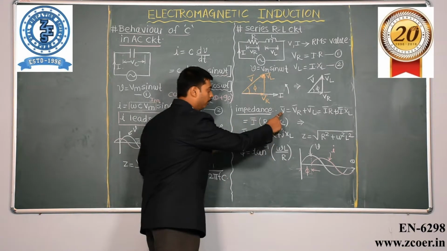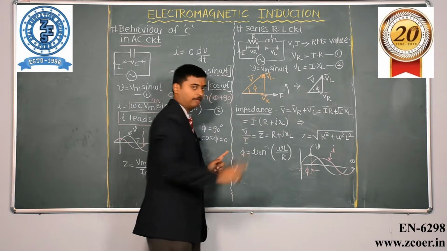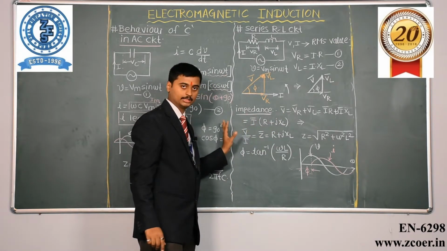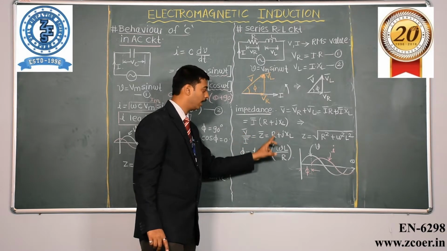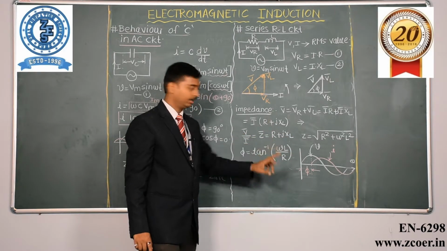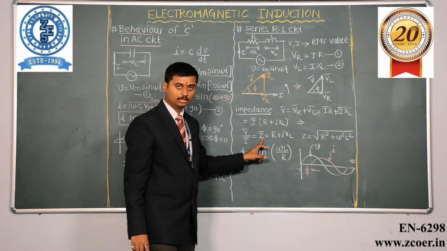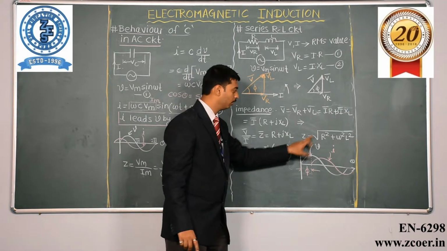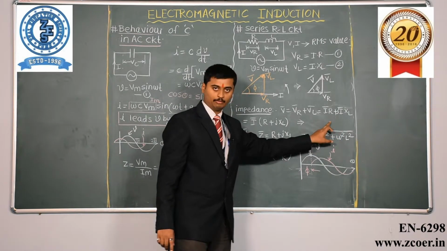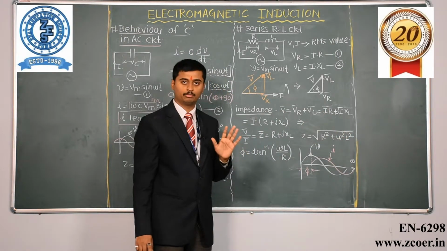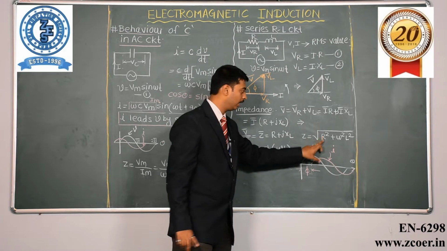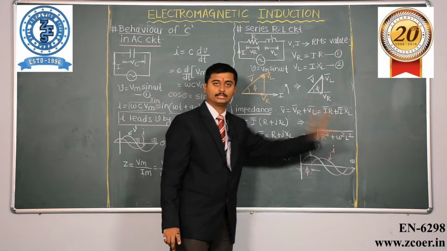Now if we take the term I to the left-hand side, the expression is V by I equals R plus j XL, which is the impedance Z. That is, Z equals the square root of R square plus XL square, or since XL is also equal to omega L, we can write R square plus omega square L square.